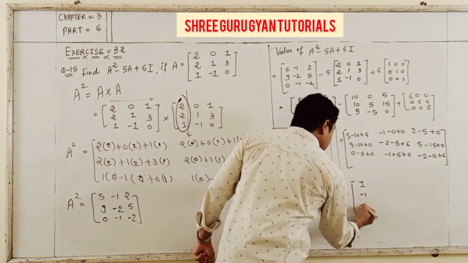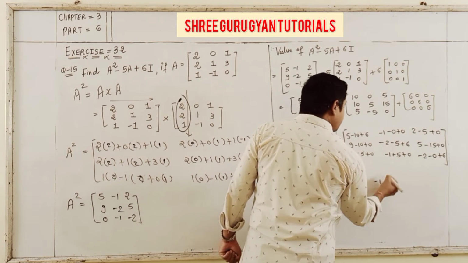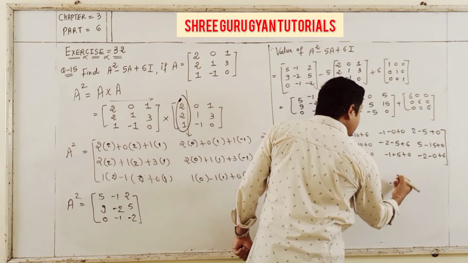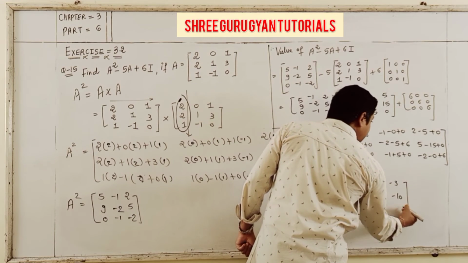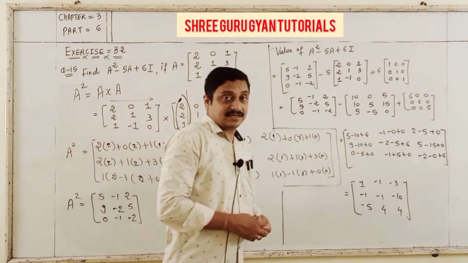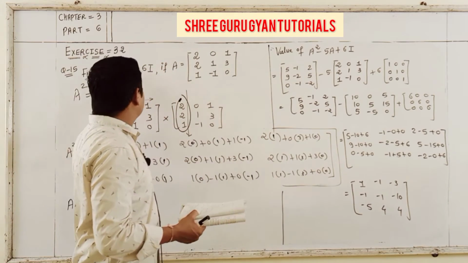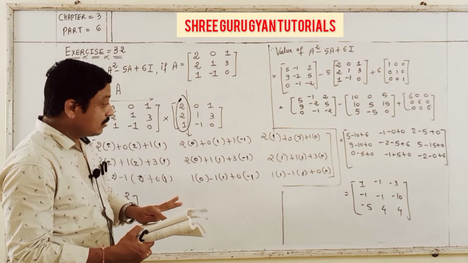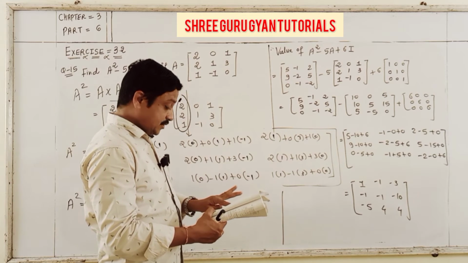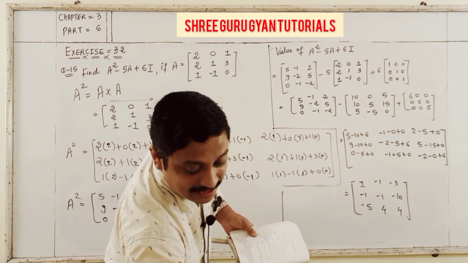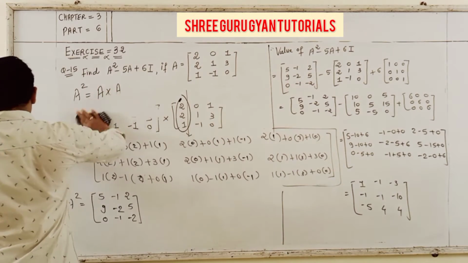Here minus 1, minus 5, minus 1, total is minus 1, 4, and last minus 3, minus 10, and last will be 4. This answer I checked, and this is your answer for A square minus 5A plus 6I: 1 minus 1 minus 5, minus 1 minus 1 4, minus 3 minus 10 and 4. Absolutely correct. Now going ahead to the next question.